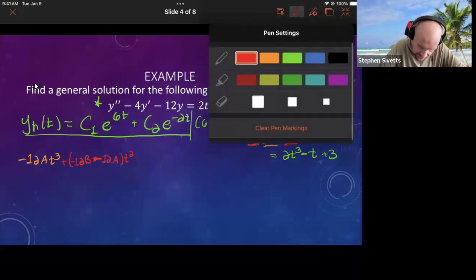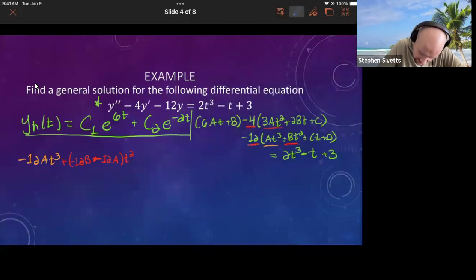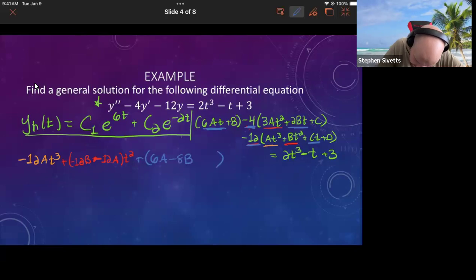Next are the t terms. It will be this term and this one. So we'll have 6a minus 8b and a minus 12c times t.